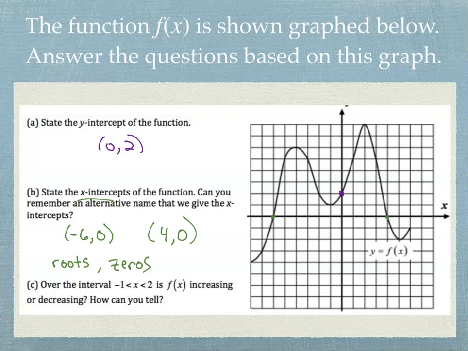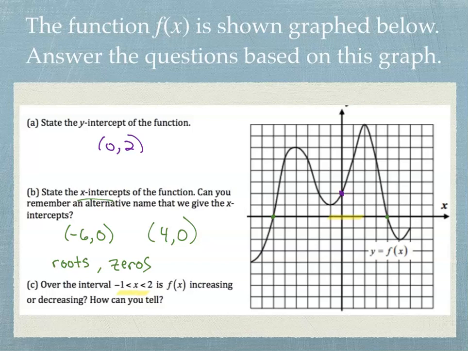Over the interval -1 to 2, is f of x increasing or decreasing, and how can you tell? Well, I have to figure out where the interval -1 to 2 is. We're talking about x values, and you can see because they use x. So when x is between -1 and 2, what's happening to my function?